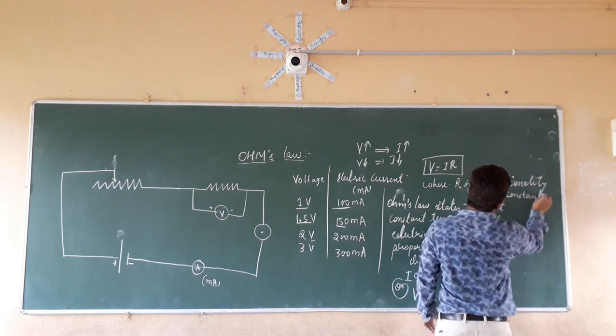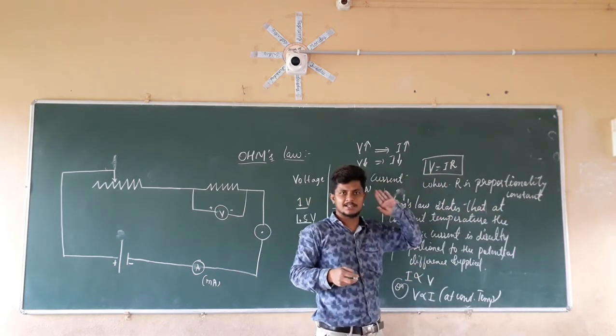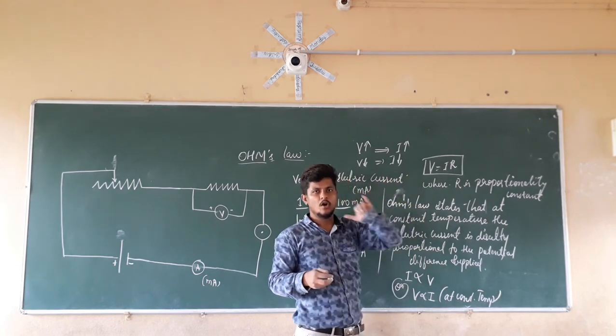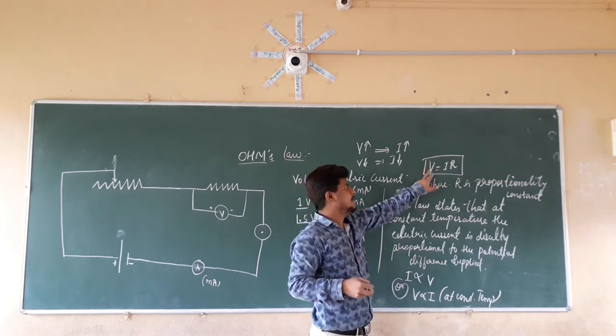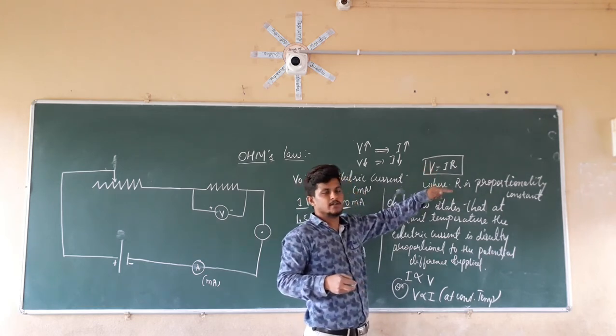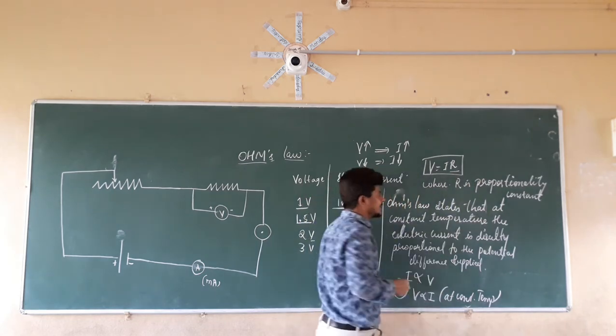About that we are going to discuss in the next class. V is equal to I into R. So this is about Ohm's law. This is the mathematical form of Ohm's law: V equals I into R, where R is the proportionality constant.